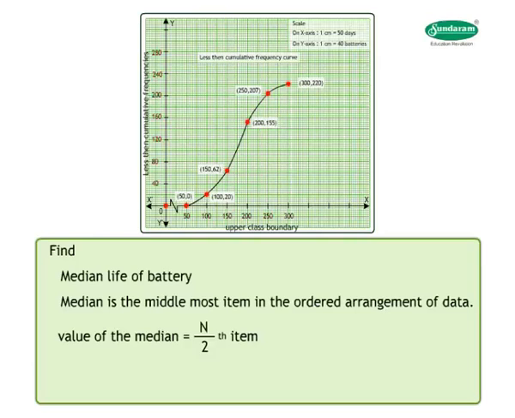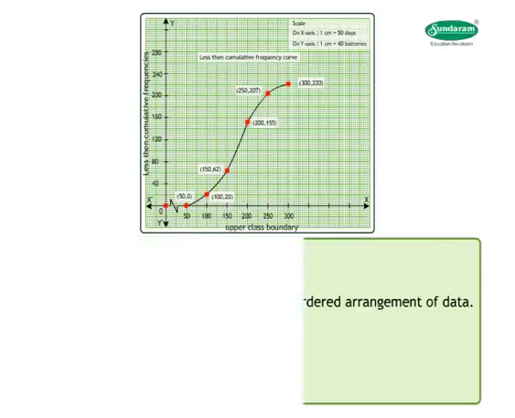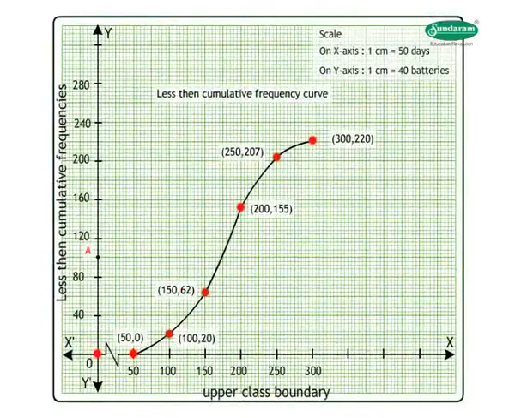We match the serial number and its value with the help of the less than cumulative frequency curve. Accordingly, we mark the middlemost observation n upon 2, that is 110, on the y-axis. In the above graph, it is at A.